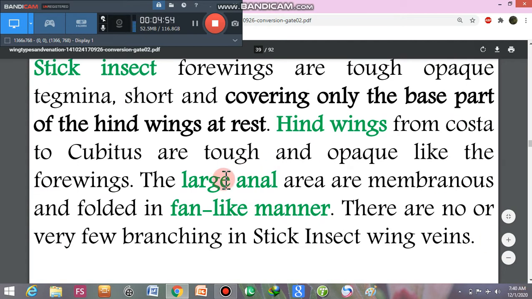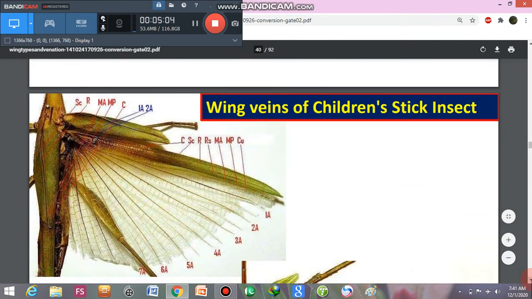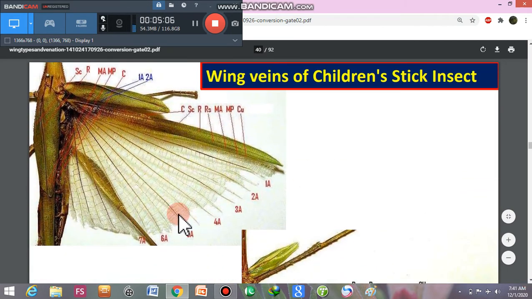The large anal areas are membranous and folded in a fan-like manner. There are no or very few branches in the stick insect wing veins. Here you can see the wing of a stick insect. Various veins are clearly visible here.